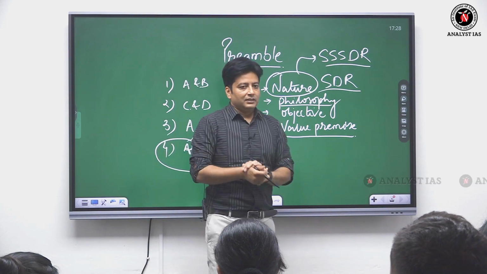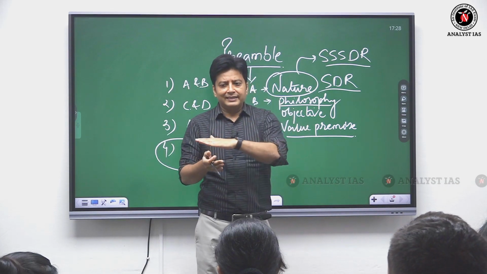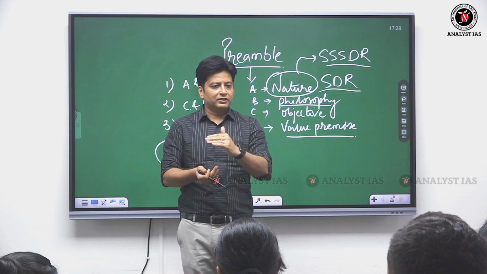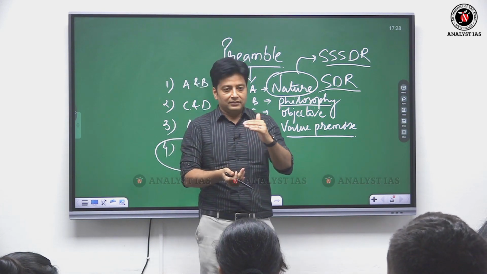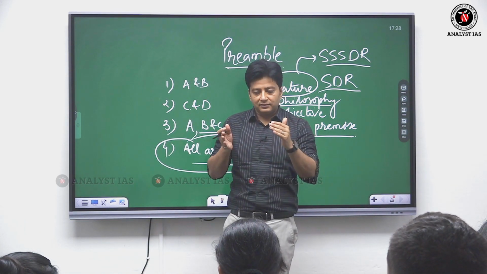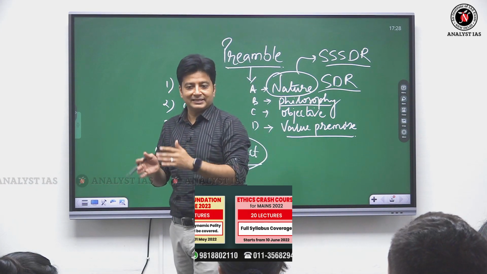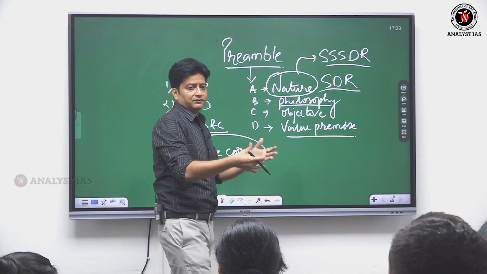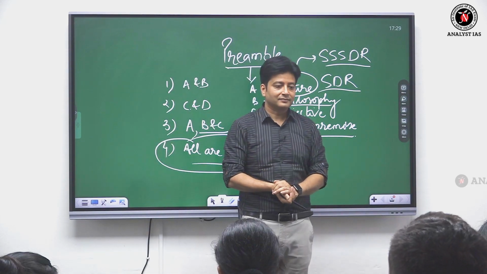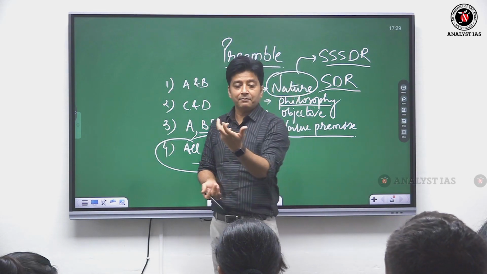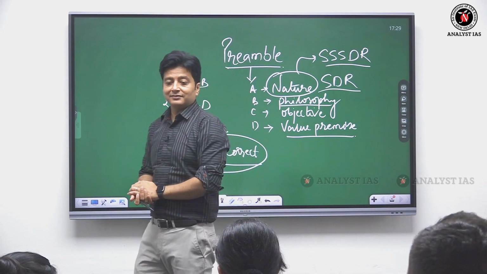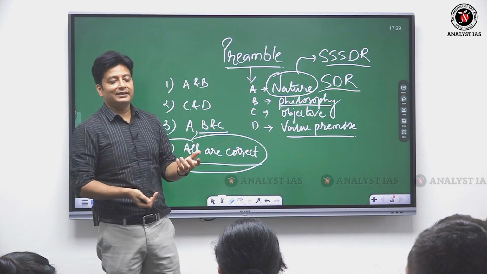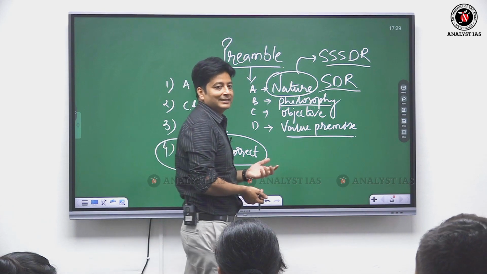Now, in the language that I spoke, in the bottom line you can also look at the words: on this day, 26th November 1949, we give ourselves this constitution. The day is very important. This 26th November 1949 is celebrated as what?